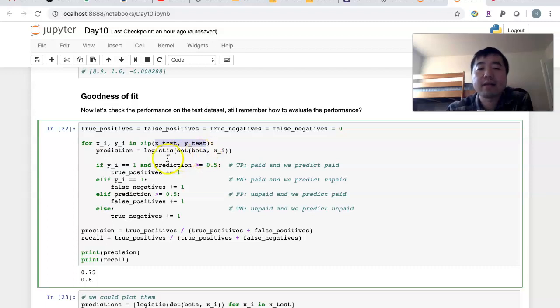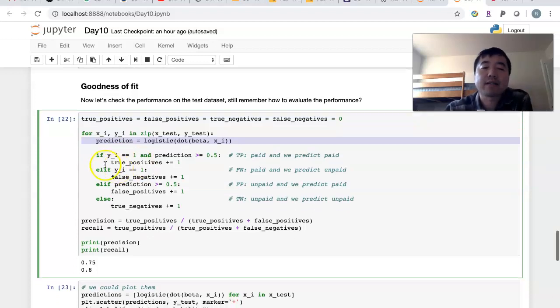As I said, we just need to apply the dot multiplication of beta and xi, and then for this prediction, if it's larger than 0.5, we predict it as 1. So if yi, the actual, is 1, and your prediction is larger than or equal to 0.5, that means you make the right prediction.